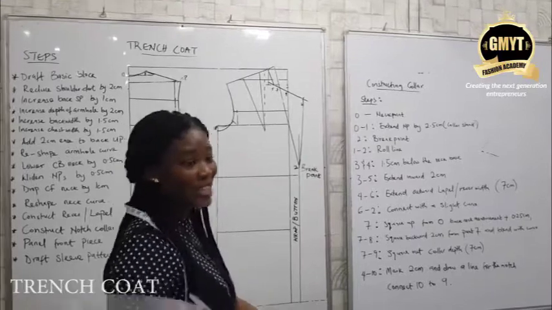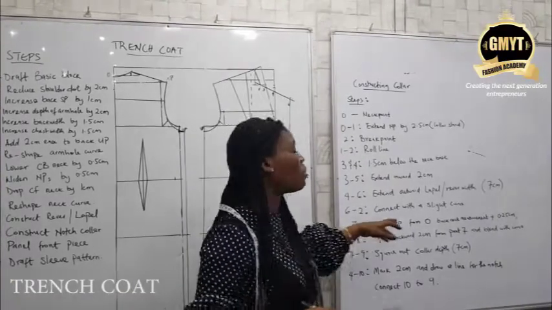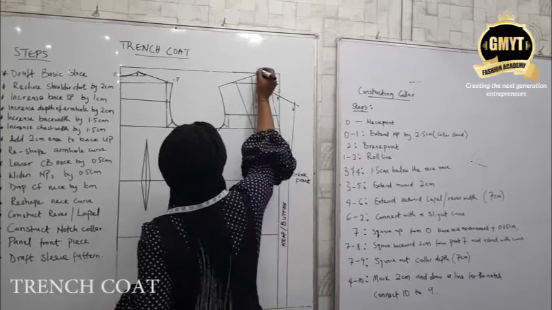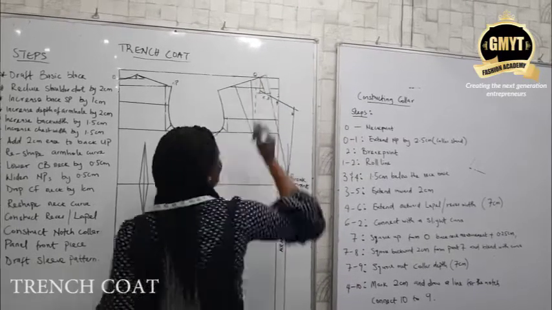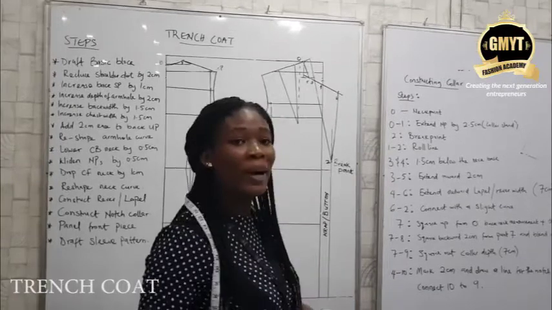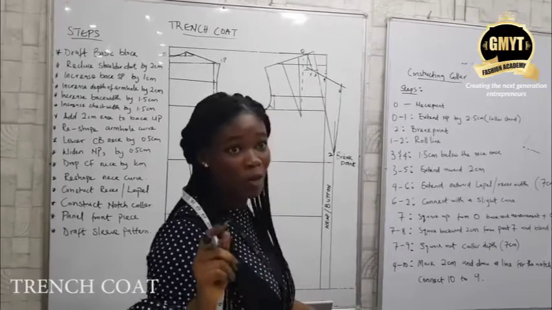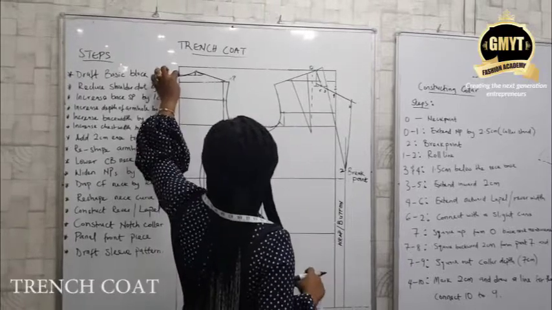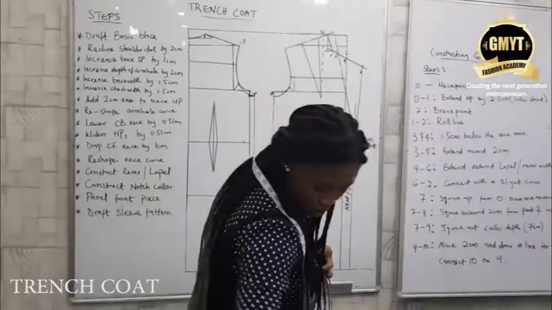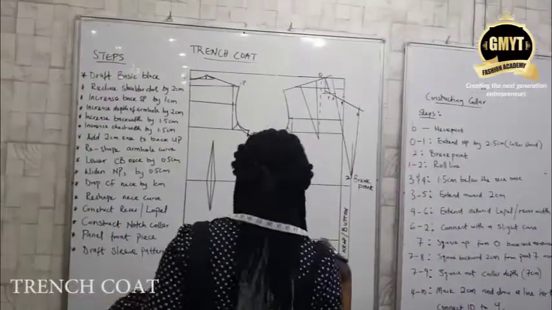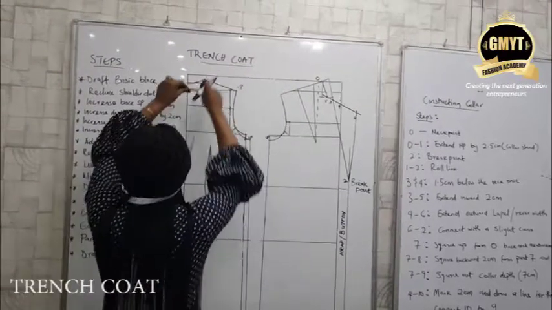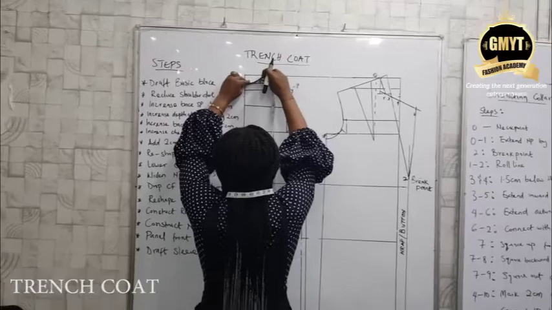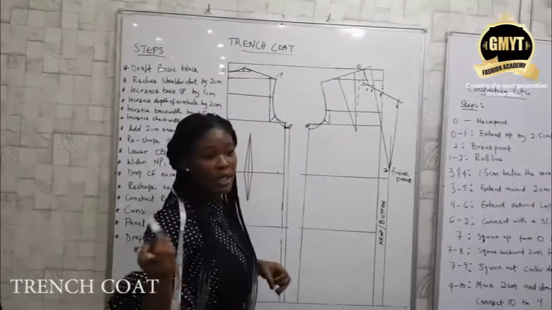So to get my point 7, I'm going to square up from point 0. My point 0 is my neck point here. So I'm going to square up my back neck measurement plus 0.25 cm. So I'm going to measure what I have here. I have 7 cm.